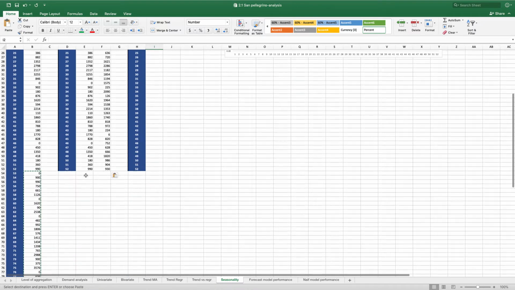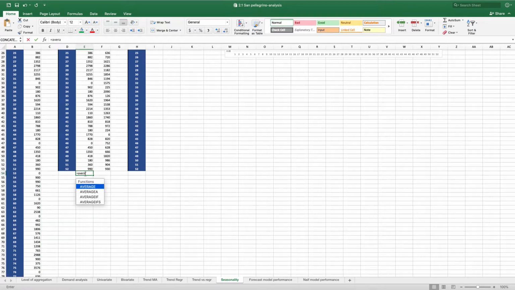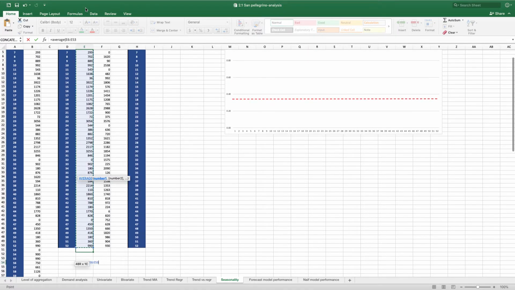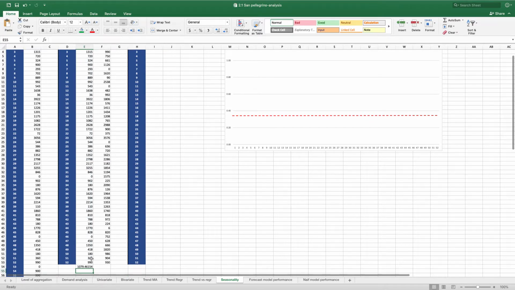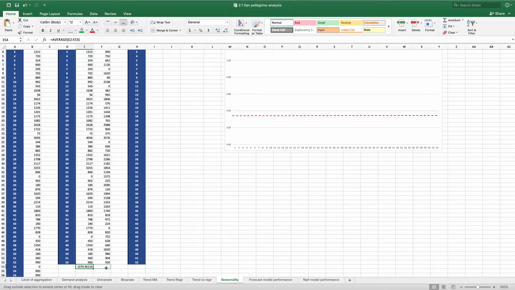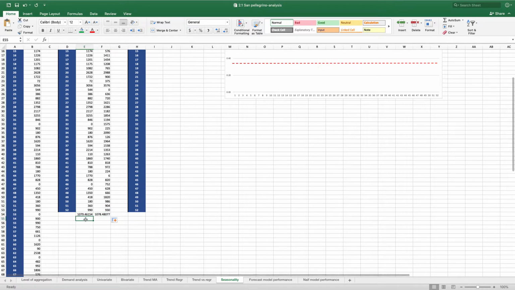Now you need to calculate the punctual seasonal coefficient. Sorry, first you have to calculate the average demand for each cycle. So average demand of year 1 and average demand of year 2.